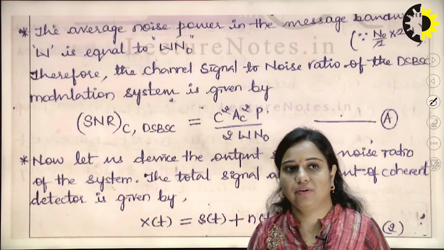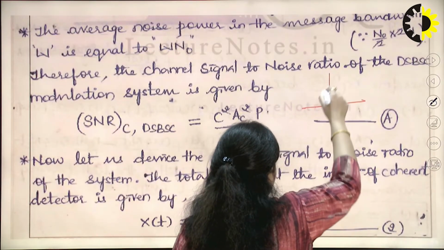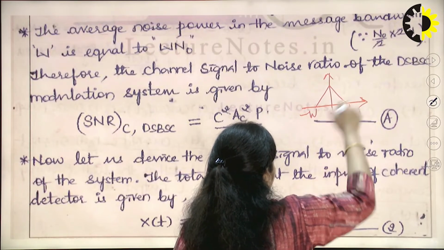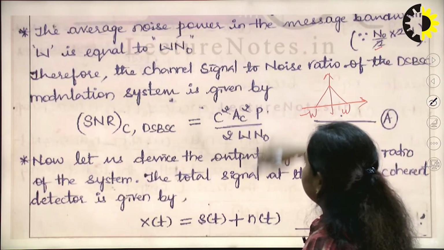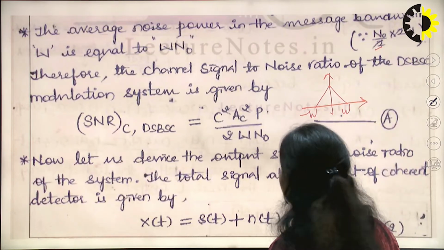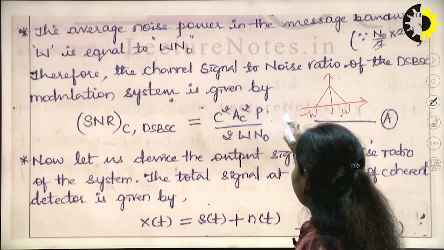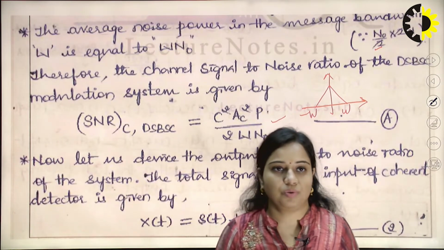W is the bandwidth of the signal, meaning the input signal extends from minus W to W. So, that will be N_0 / 2 into 2W. Therefore, the channel signal to noise ratio of the DSB-SC modulation system is given by SNR_C, which is equal to c^2 A_c^2 P / 2 upon W N_0.